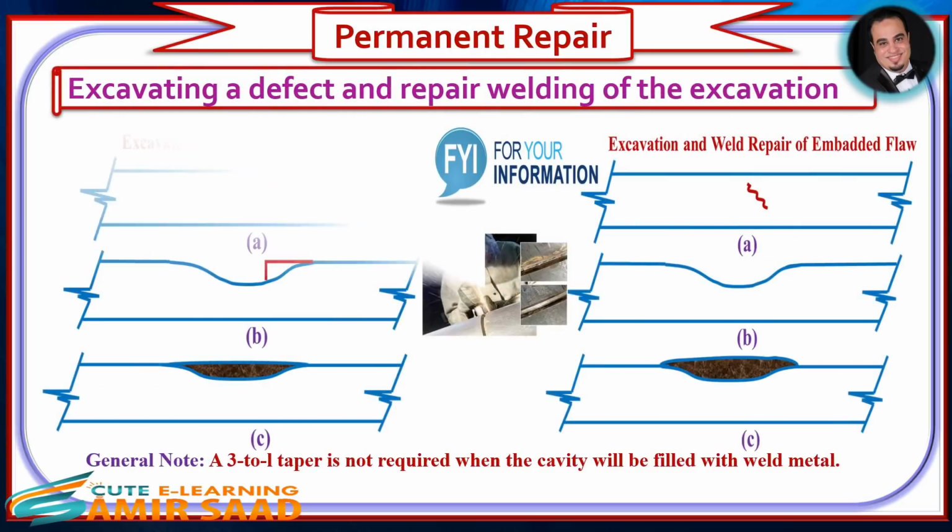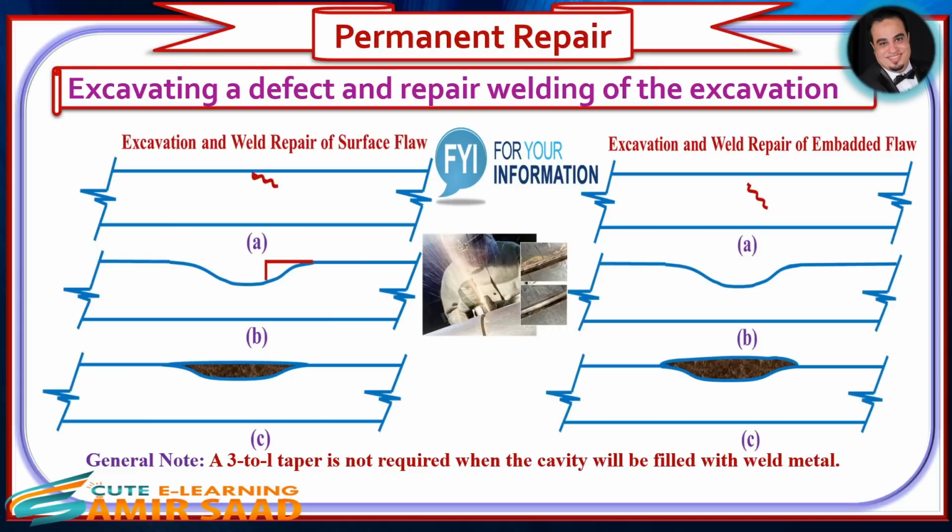Excavating a defect and repair welding of the excavation. For example, as illustrated in the figures, material or weld flaws open to the surface, or embedded flaws, are typically removed by a mechanical, abrasive method.